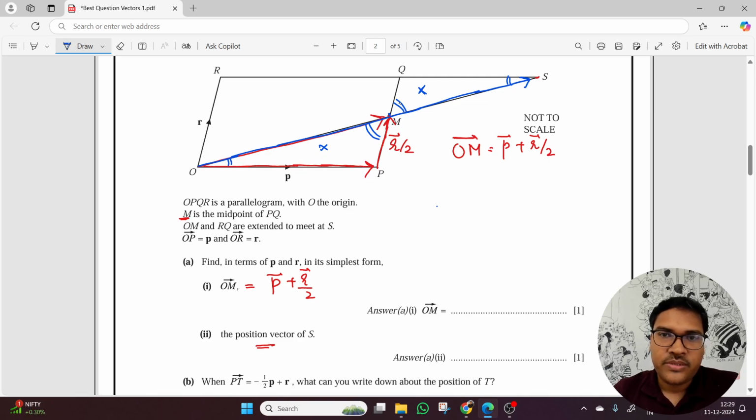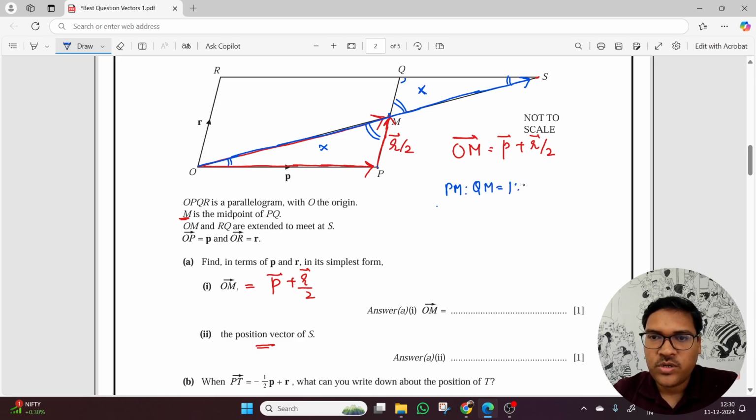So these two triangles are similar. Now if these two triangles are similar, the ratio of corresponding sides will be the same. Now this ratio, that is PM, we know PM is to QM.